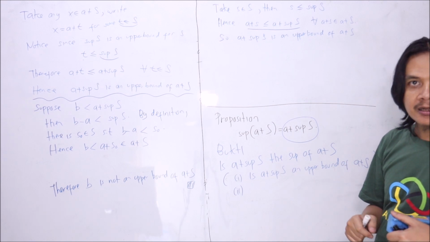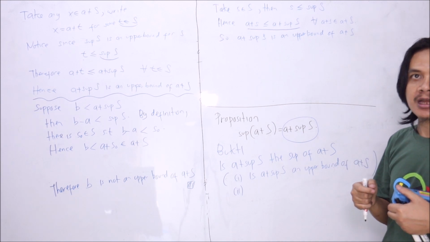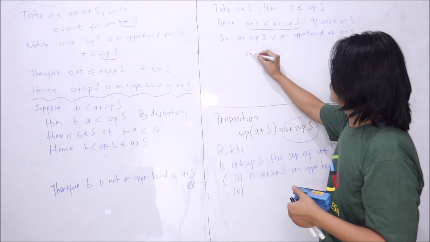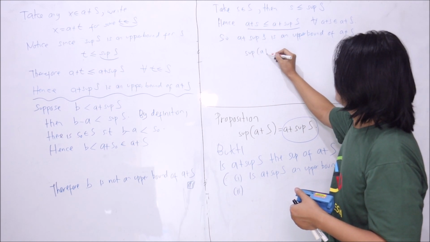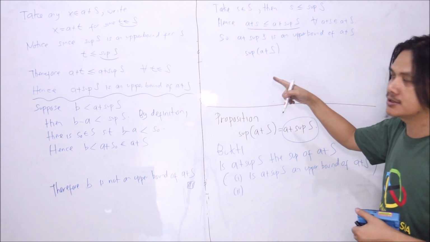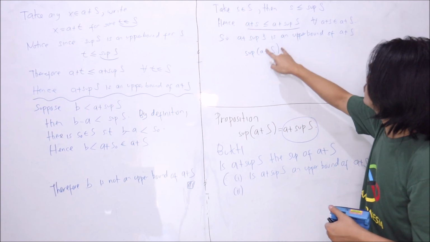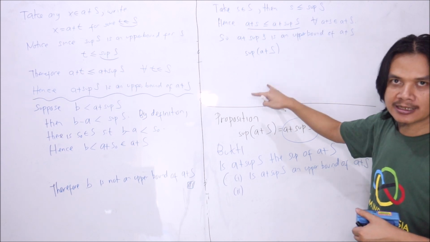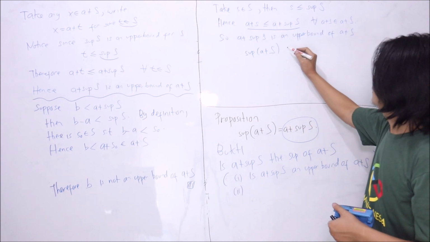So remember that the supremum is the smallest upper bound. So therefore, because supremum of A plus S is the smallest upper bound, then compared to another upper bound of A plus S, this guy is still smaller or equal.